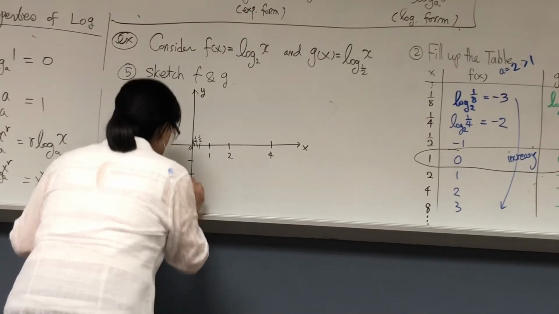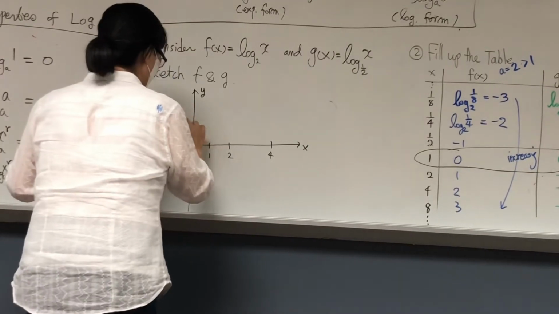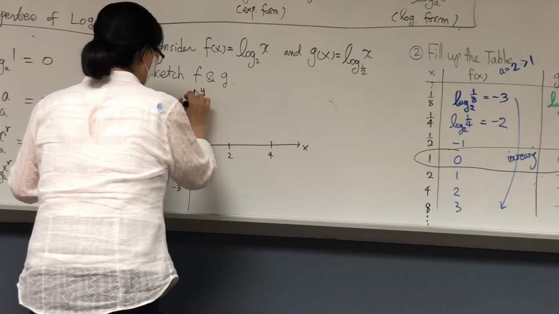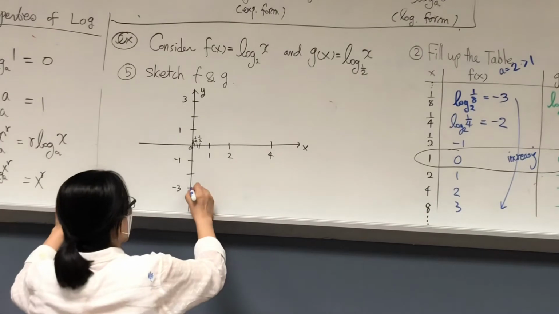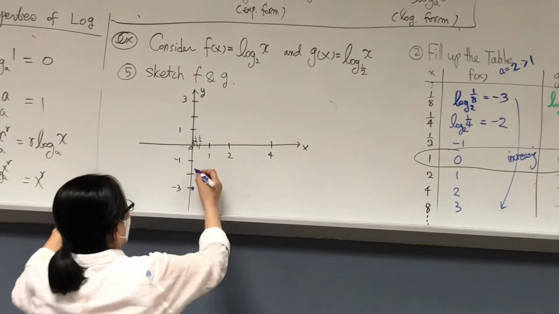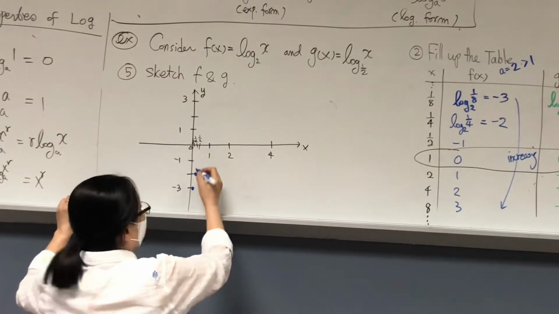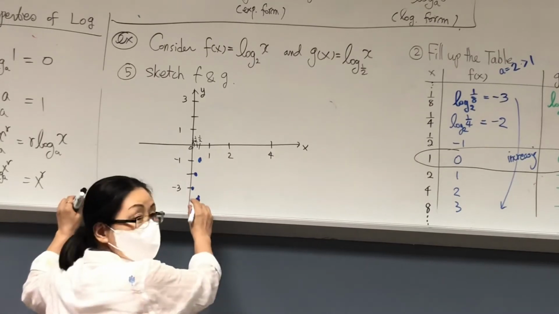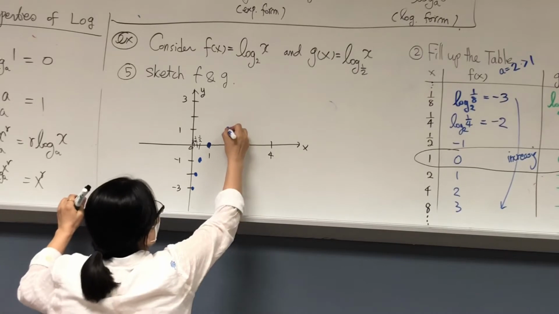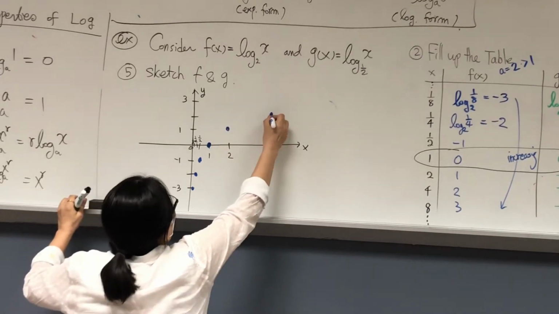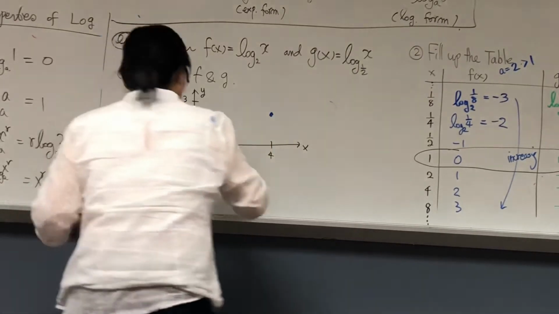Right. Okay, 1/8 gives -3. Am I right? And 1/4 gives -2. 1/2 gives -1. At 1, 0. At 2, 1. At 4, 2. Okay, let's connect it.